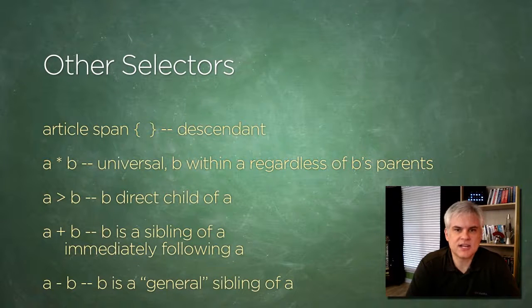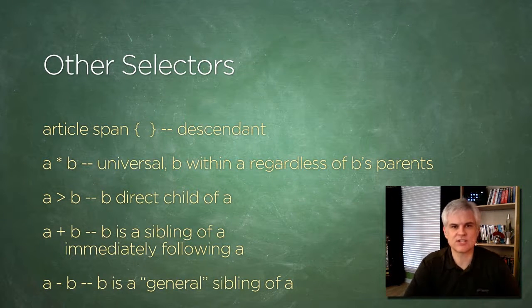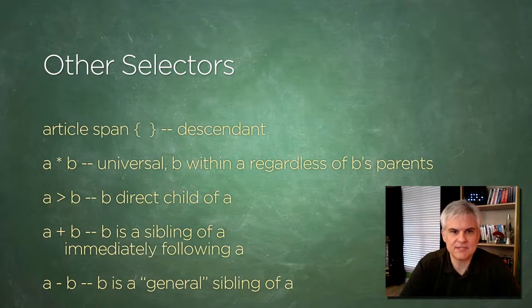Then there's where you can use an asterisk character, which means universal. So give me any tag within this other tag A, regardless of B's parents. Okay, and then you've seen this used, the direct child, where the list item is a direct child of an unordered list. So style up those list items.